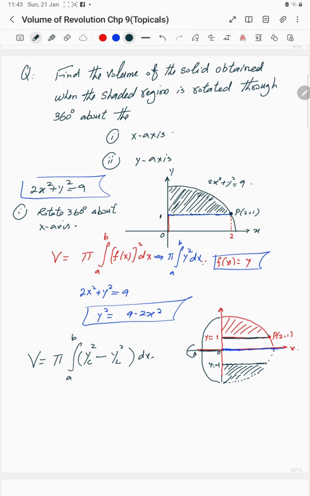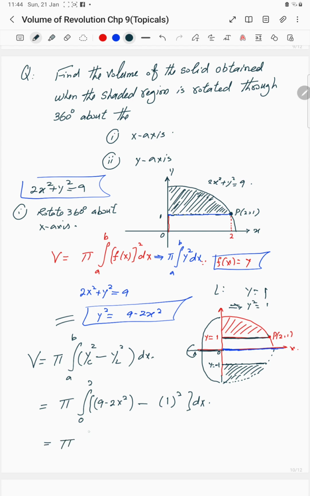And here, as you know, the line is equal to 1. So we just replace it: pi times the integral from 0 to 2 of y of the curve, which we found here, that is 9 minus 2x squared, minus y squared of the line, where y equals 1, so it remains 1 squared, dx.